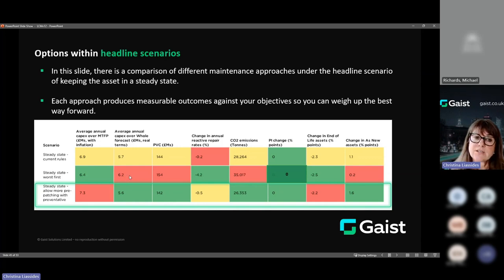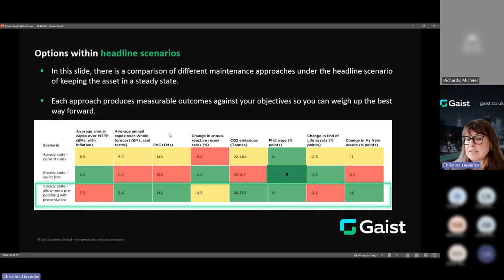You're still spending a similar amount, but you're not getting as much for it as you do here over the steady state, where your value for money is much better. And again, over the whole term, your current rules bring your overall expenditure down more, but not as much as doing it a slightly different way.